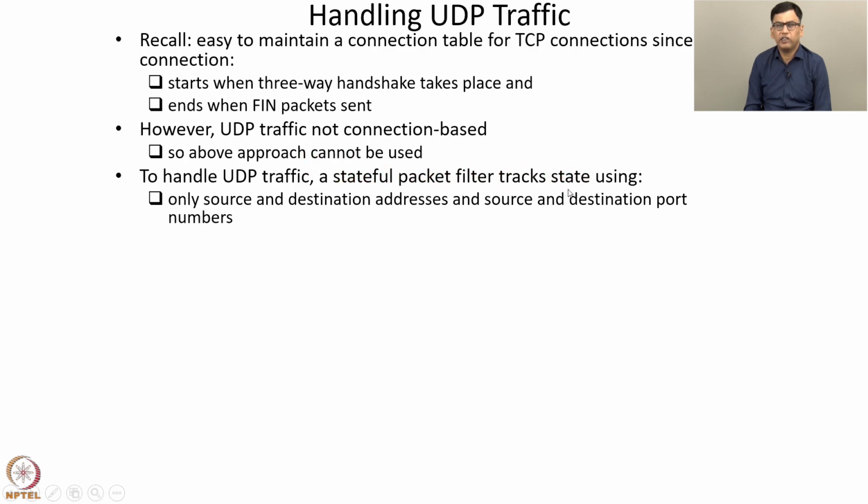So later on, when the DNS server sends a response to the user inside the organization's network, the stateful packet filter will come to know that this is part of a legitimate DNS exchange that is happening.